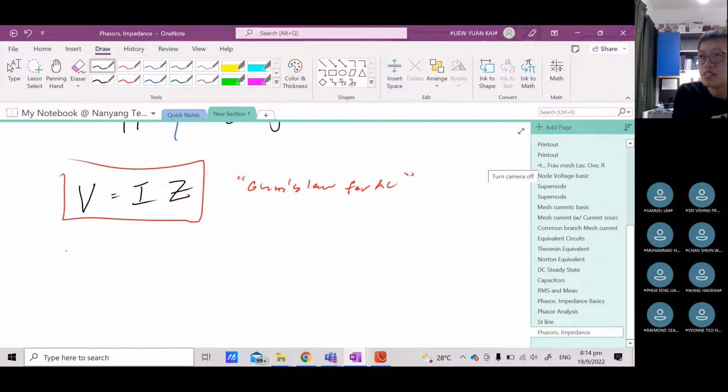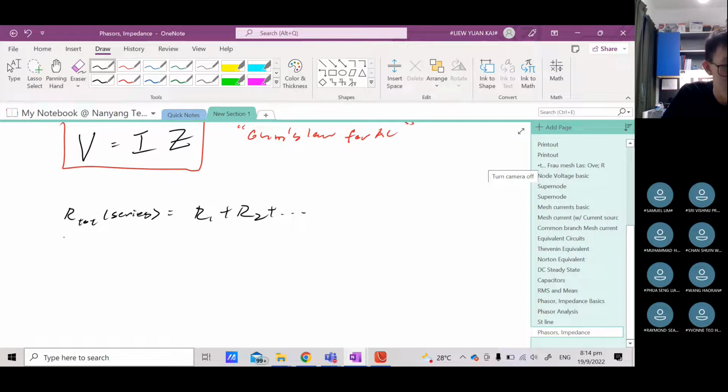Now, what other formulas are also familiar to you? Remember, total resistance for resistors in series is given by R total for series is R1 plus R2 plus and so on. Well, for total impedance in series, Z total in series, it is given by Z1 plus Z2 plus Z3 and so on.